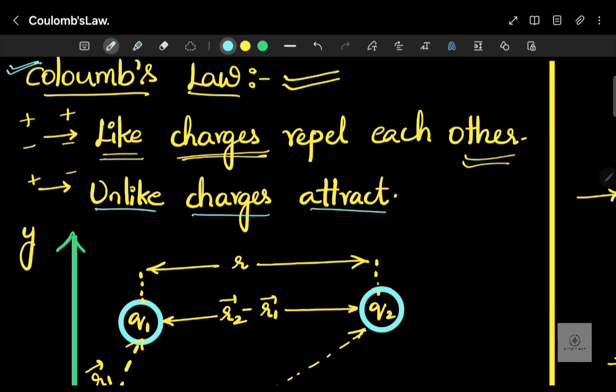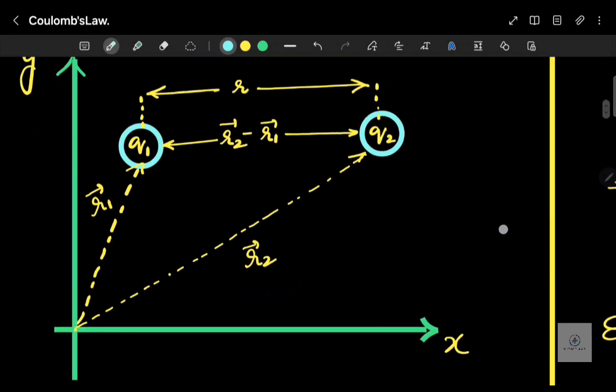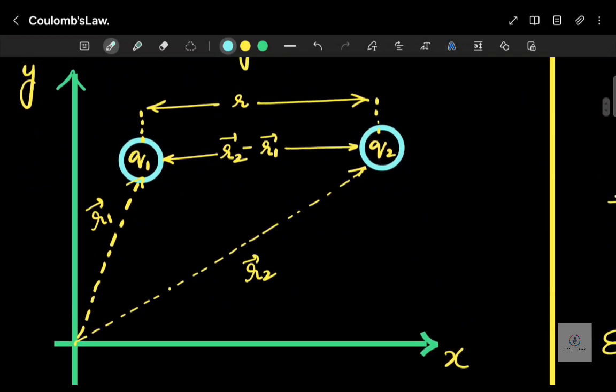Let us consider two point charges, one is q1. In space, they are located at position vector R1. The position of the second charge from the origin is at R2 vector.